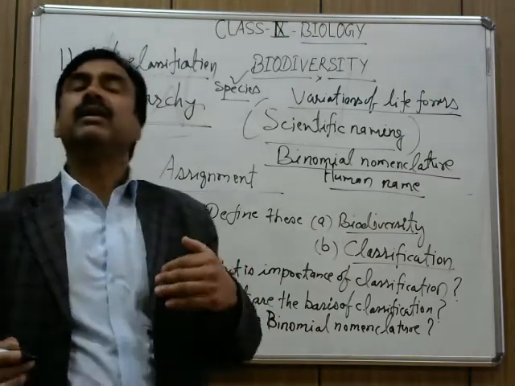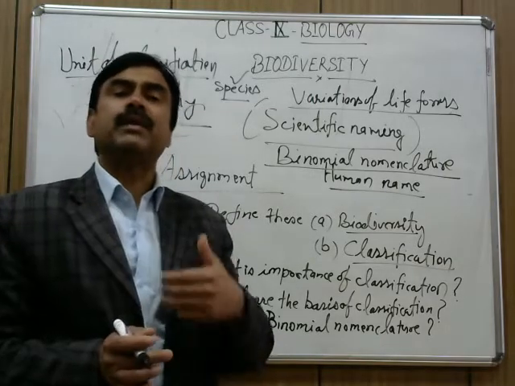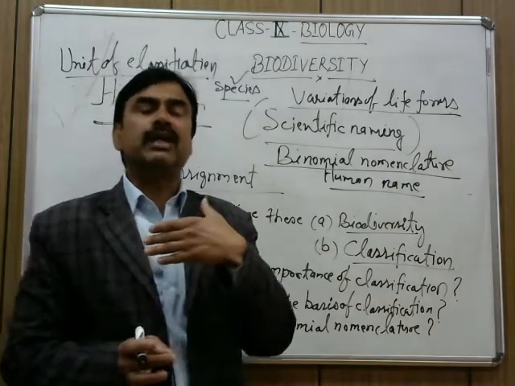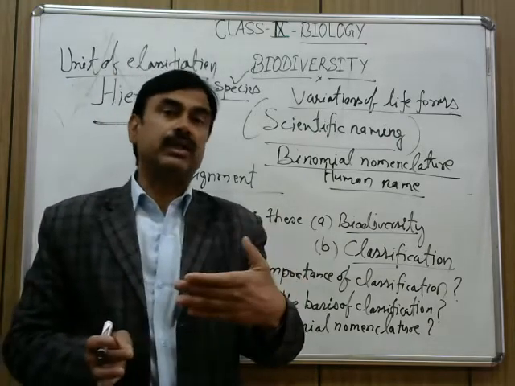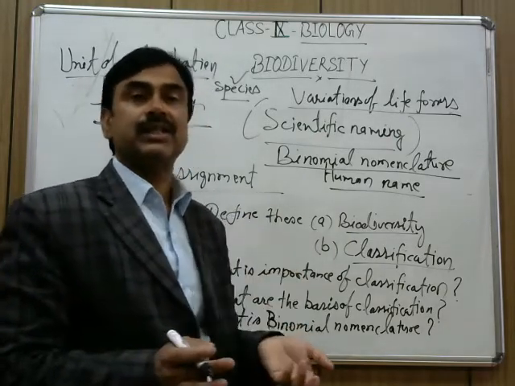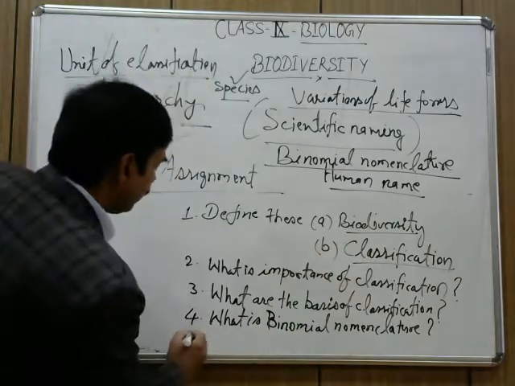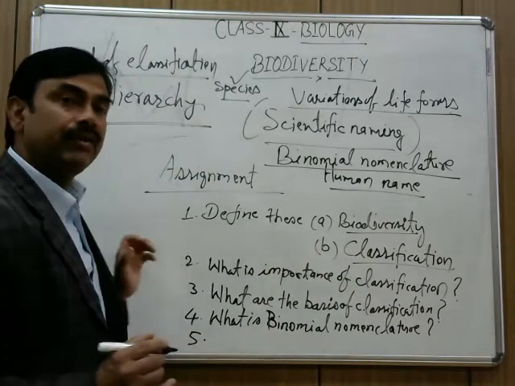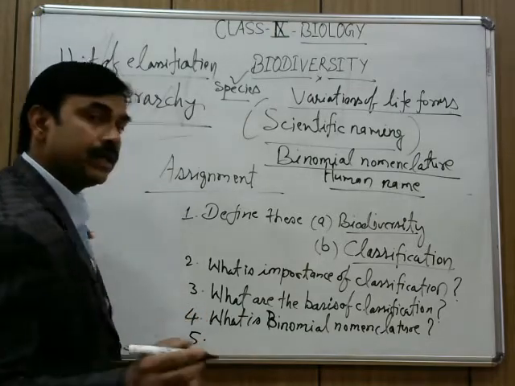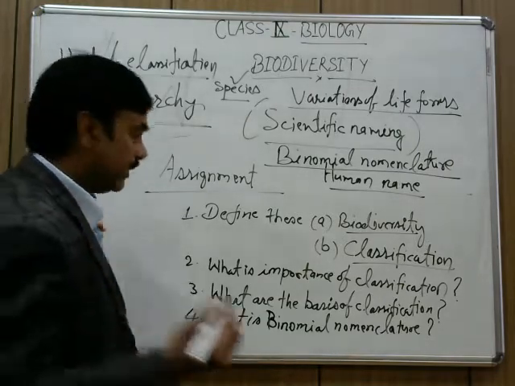In this, any scientific name is made up of 2 words. We make the scientific name with 2 words. The first word represents the genus and the second one is the species. And the 5th question, write the scientific name of any plants.